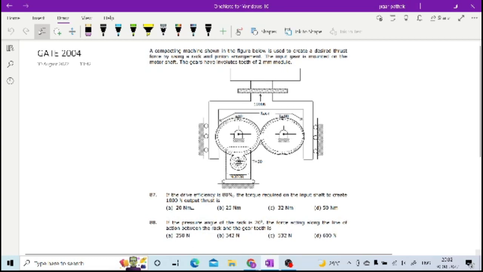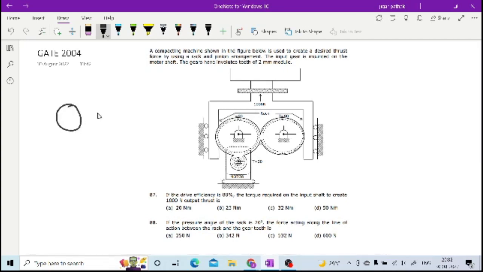So first let us do that only. Let me first give you some input, right? Because here you have to first draw the free body diagram, and you have to generate that 1000 Newton thrust by this particular drive.